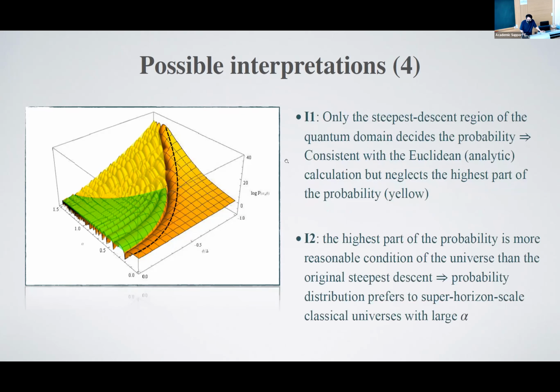Now we have two overall interpretations of this situation. The first interpretation is that we neglect this unexpected yellow region, and only the steepest descent region of the quantum domain decides the probability, which means we just follow the analytic solution, the black curve.